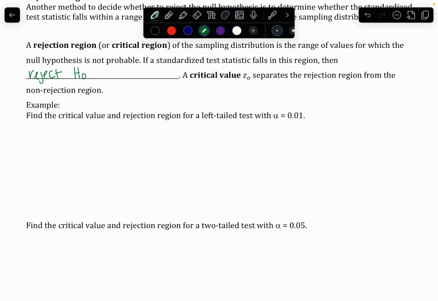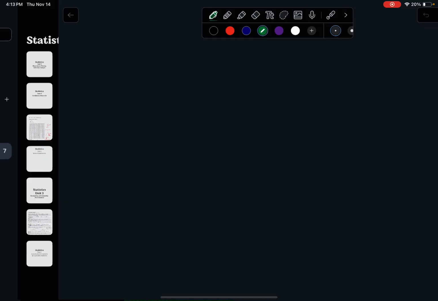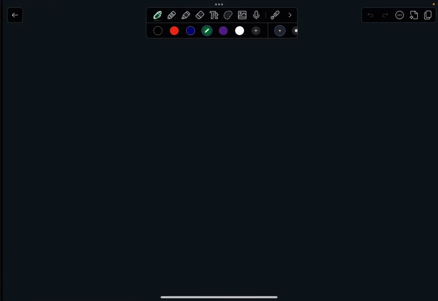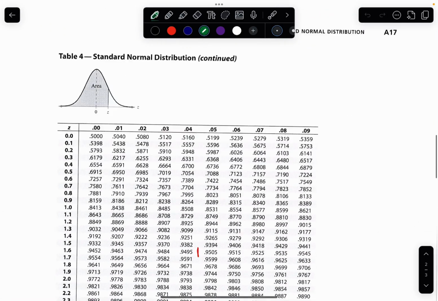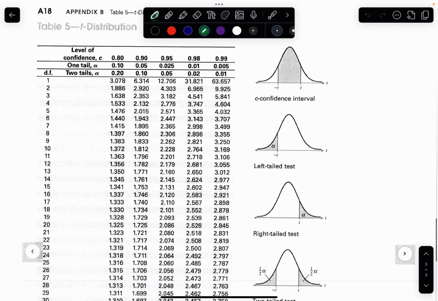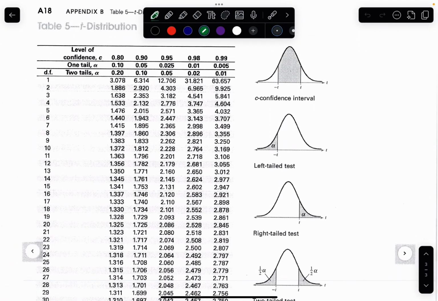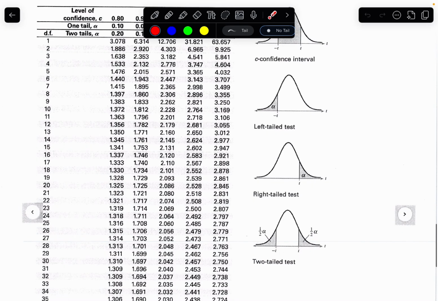0.01, I'm going to switch over to table 5. We're left-tailed, which means we only have one tail. The nice thing is in table 5, we have our different pictures for hypothesis testing.